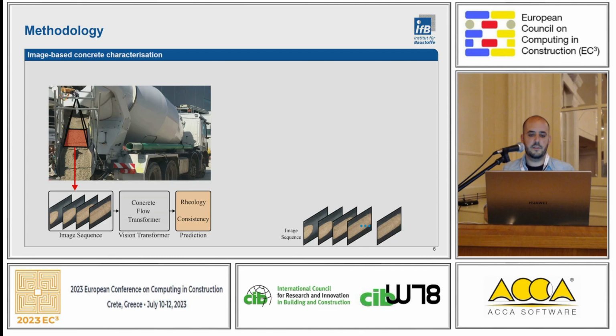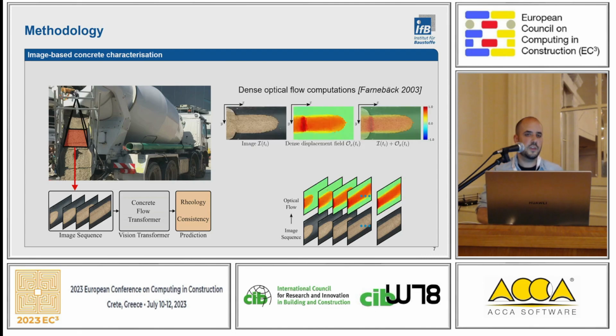So, as I said, as input, the image sequence is used. And in the first step, we compute the optical flow, so the pixel-wise motion between one frame and the subsequent frame. And in this information, of course, the flow behavior of the concrete is represented.